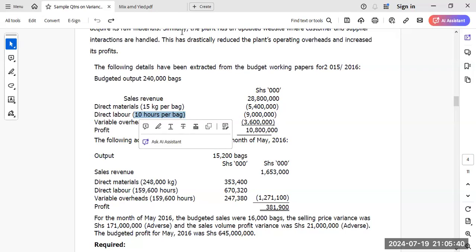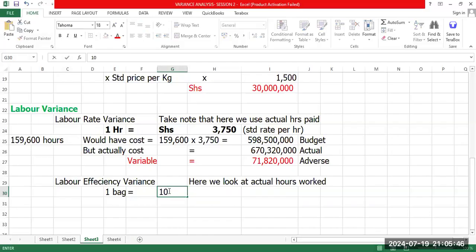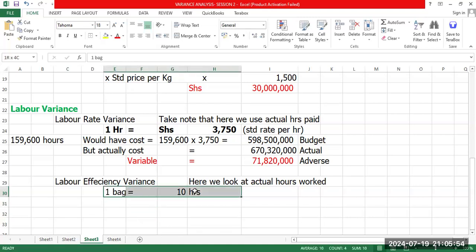That is according to the budget. 10 hours per bag. Once you do this, this is your standard now.